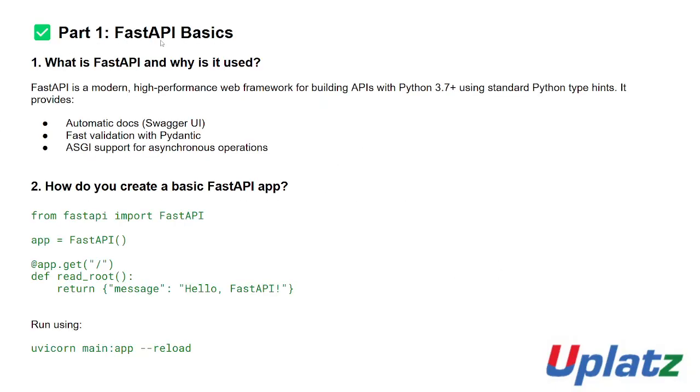Part 1, FastAPI Basics. What is FastAPI and why is it used? FastAPI is a modern, high-performance web framework for building APIs with Python 3.7 plus, that is above version 3.7, using standard Python type hints.